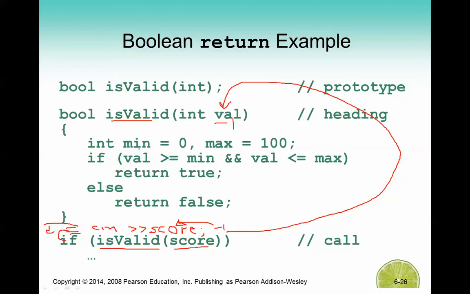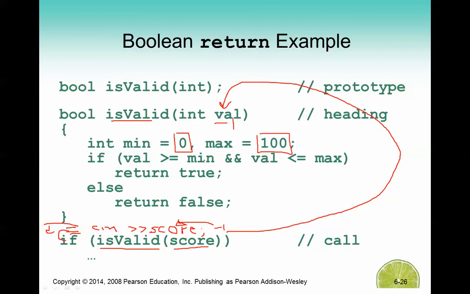And we start, okay, min is going to be set to a 0. So this goes in memory. Max is going to be 100. So this goes in memory. And we have here, is value, BAL, greater than or equal to min? No. -1 is not greater than or equal to a 0.